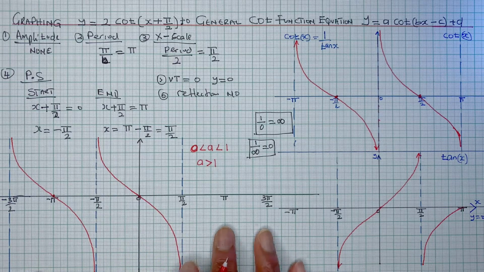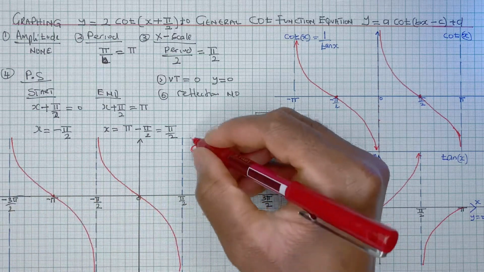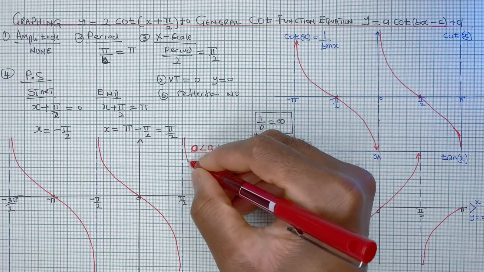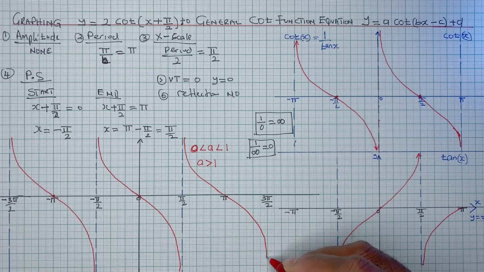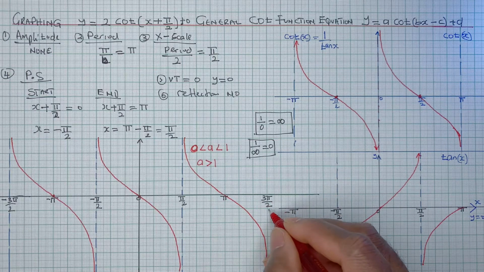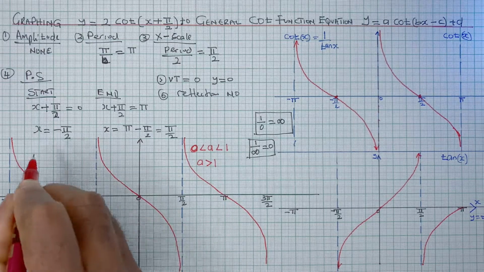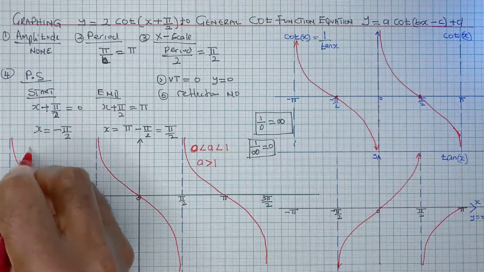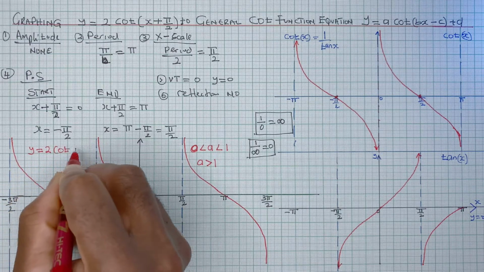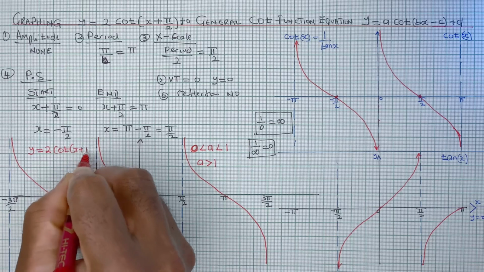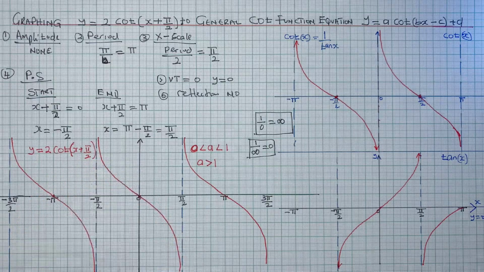If you want to plot the third one, it will be going through minus pi here, and it will be going through pi there, or approaching 3 pi over 2. This is minus 3 pi over 2. So this is the curve for y equals 2 cotangent of x plus pi over 2.